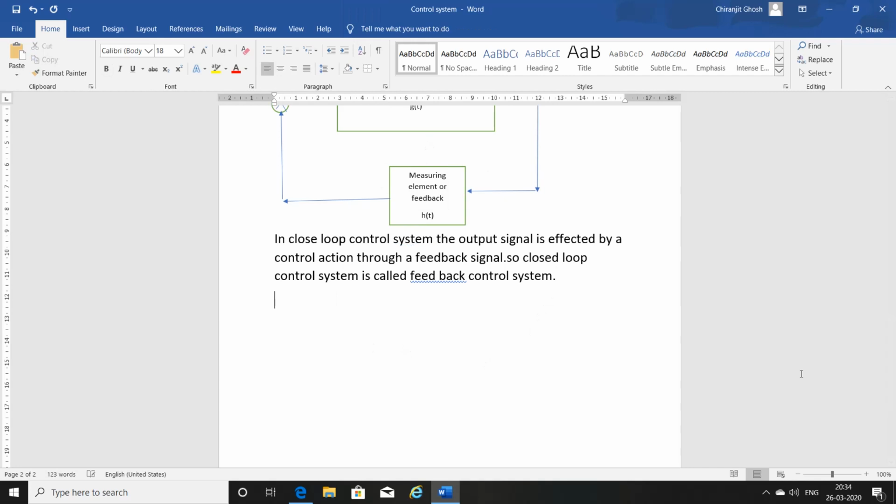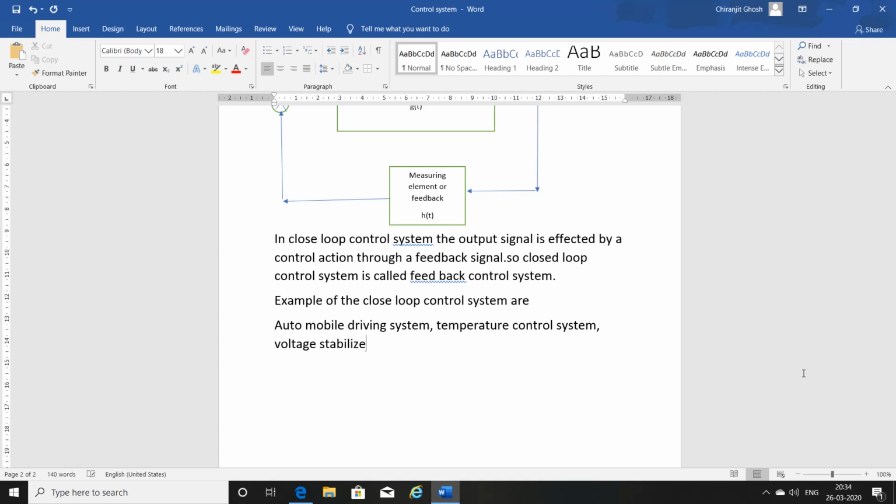Examples of closed loop control systems are automobile driving system, temperature control system, voltage stabilizer, etc.